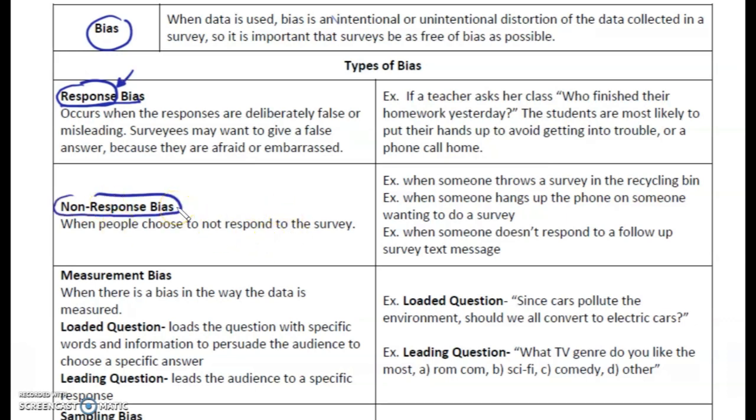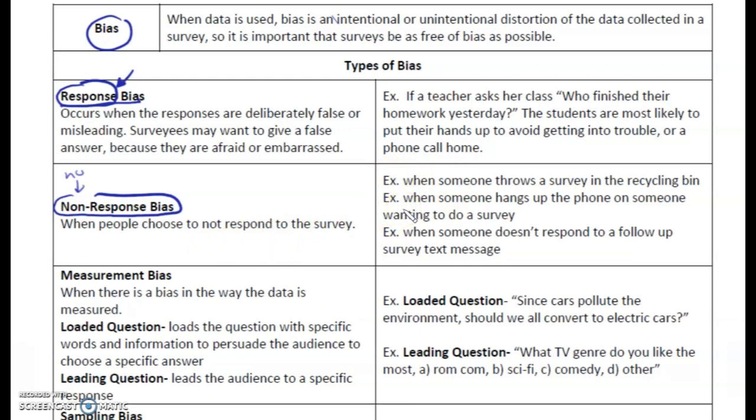Non-response bias, this says it all in the name. This is when people do not respond. If you think about this name, you're thinking no response. It's when people choose not to respond to a survey. So here are a couple examples.